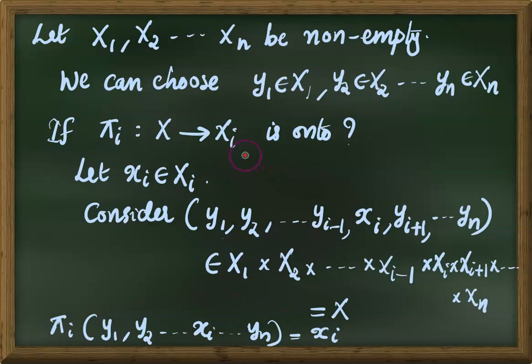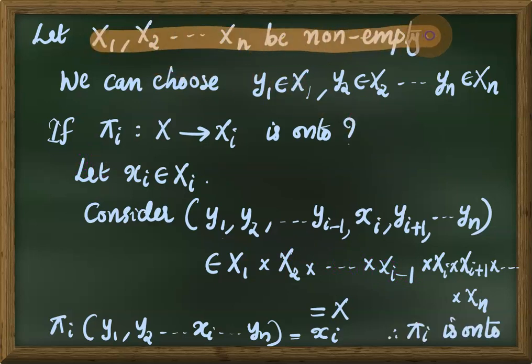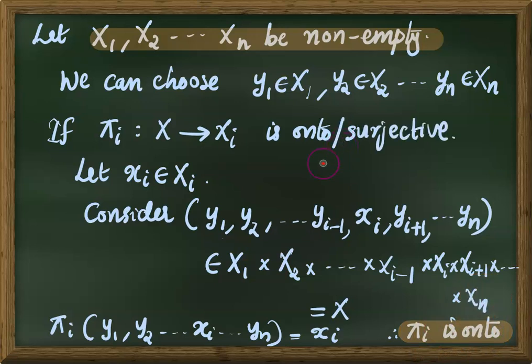So we can see that every element of our codomain has a pre-image under this function pi i. Hence, pi i is onto. Thus, we have proved that if each of these coordinate sets of our Cartesian product are non-empty, then the corresponding projection functions will be onto or surjective. Thus, in general, we can conclude that the projection functions are onto or surjective.